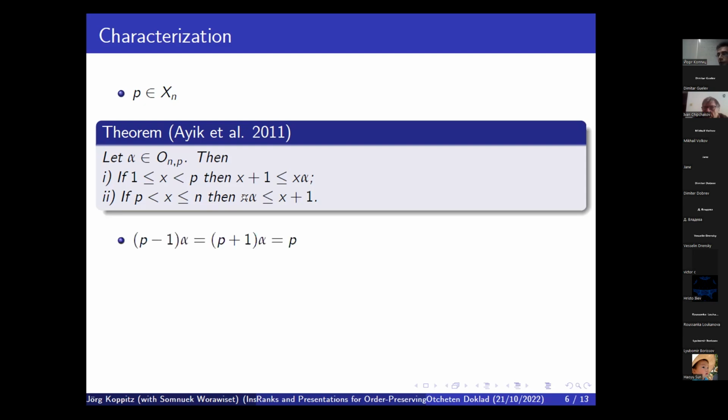In particular, the elements left and right of the fixed point have the same image as the fixed point, namely P. It is the only possibility in the semigroup for the neighbors of the fixed point. So let us consider an example. We put P as 5 and N as 8.